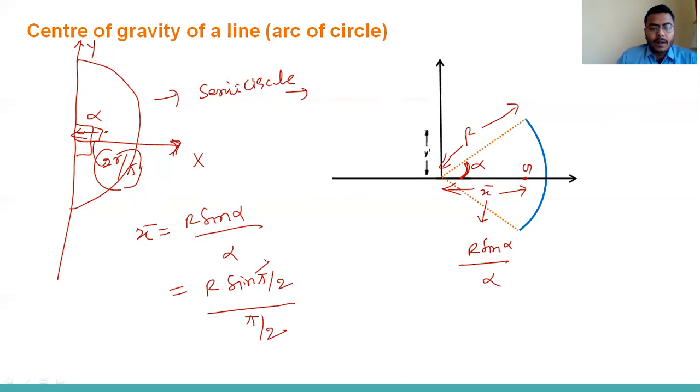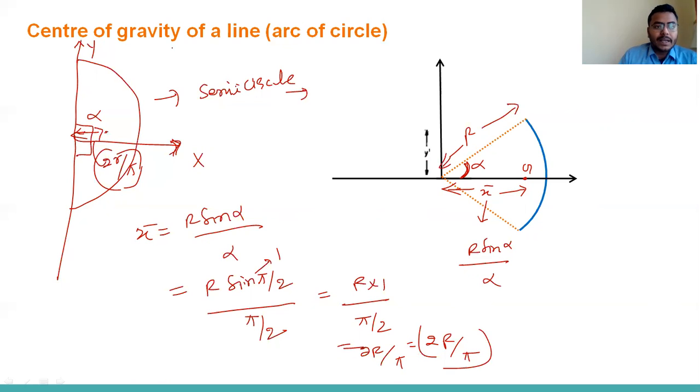Sine pi by 2 is equal to 1. So it will come r into 1 divided by pi by 2, so it will become 2r by pi. So by putting this value of alpha, we can calculate the center of gravity for the semicircle, right? So this will be 2r divided by pi.